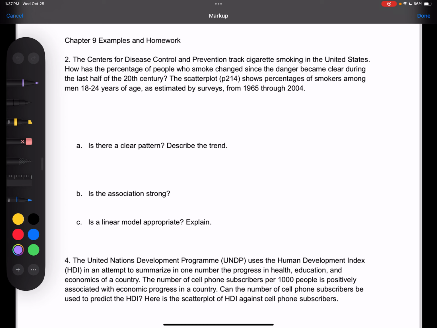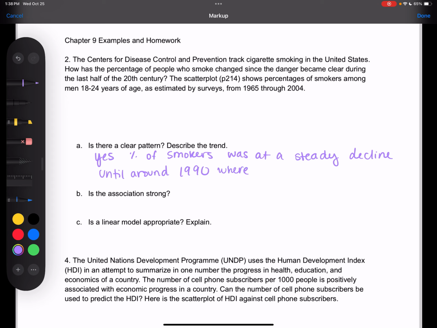So, yes, look at the pictures, the percentage of smokers was at a steady decline until it looks like around 1990, where there was a slight increase.